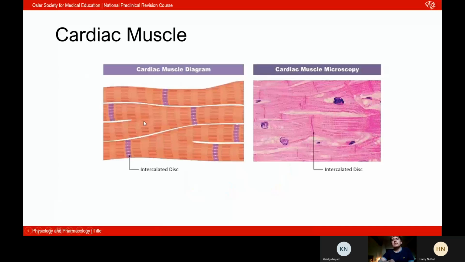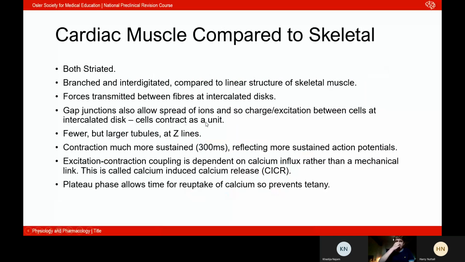We see that the cardiac muscle fibers are branched, they're interdigitated, and they have these structures called intercalated discs, which are essentially where the membranes of cells become both mechanically and chemically linked. And we'll come to that in a minute.